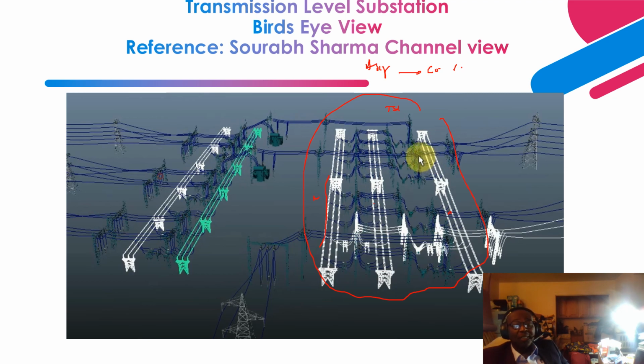So the goal is for them to be very rigid and withstand the electrodynamic forces created by the peak short circuit that occurs during the first quarter cycle of a fault. On this side is your subtransmission level voltage, which steps the voltage down to a voltage that can be sent to a distribution substation.